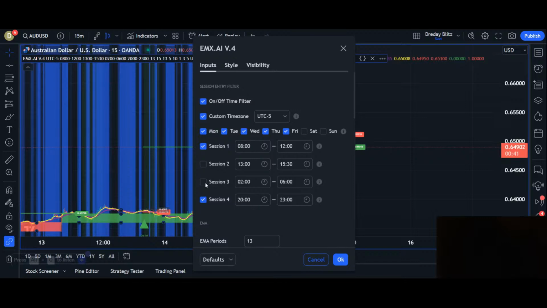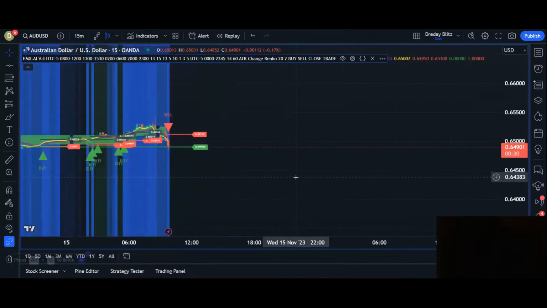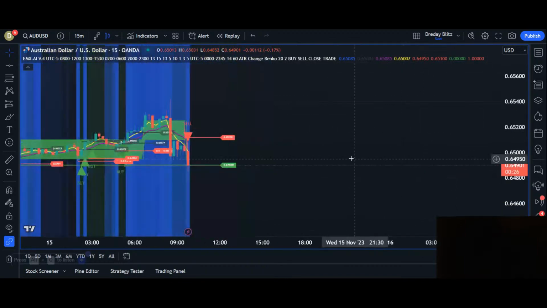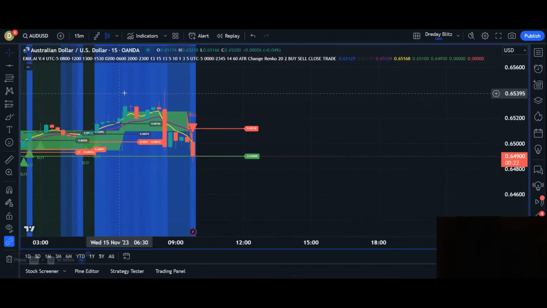Or you could add the London session too. So London session, Asian session, and New York session open. So boom. Yes, you have a sell signal right here for AUD/USD.